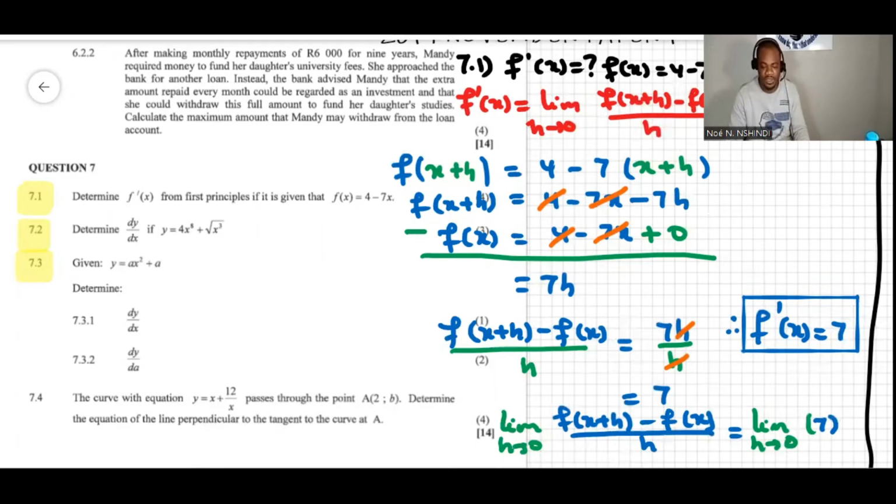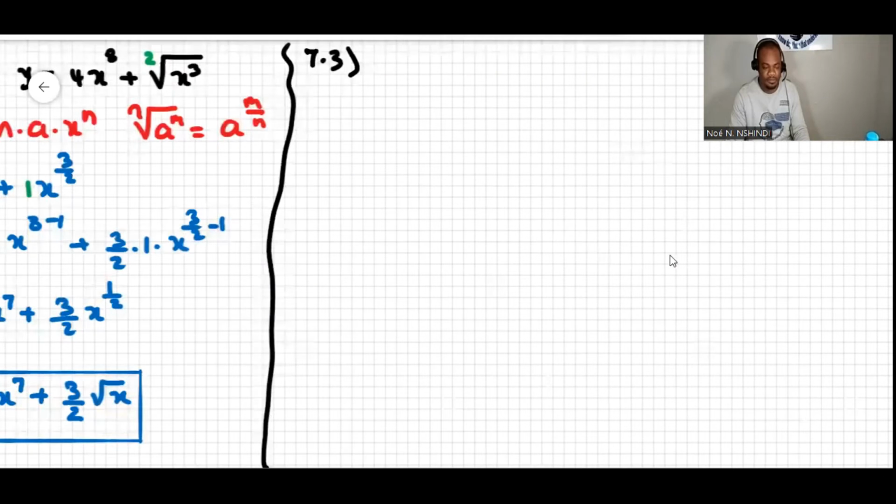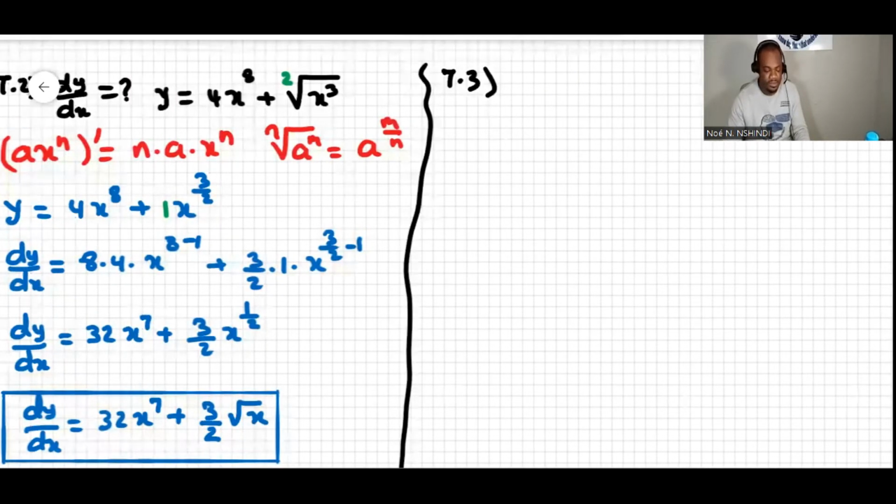All right. Now, we have y given by ax squared plus a. Okay. So 7.3.1, we're looking for dy/dx.